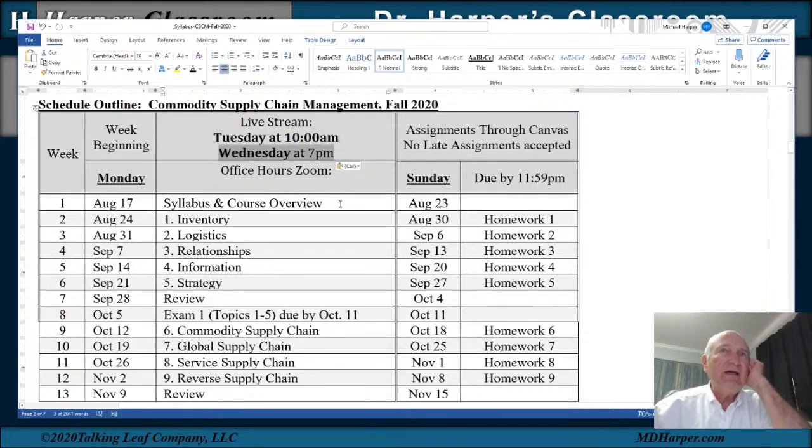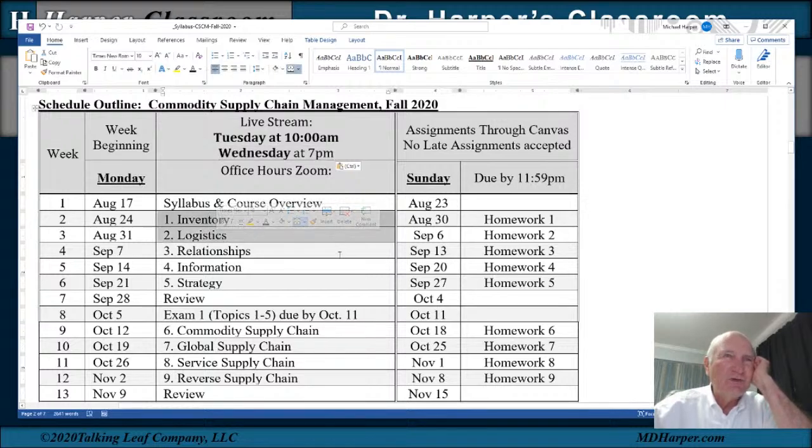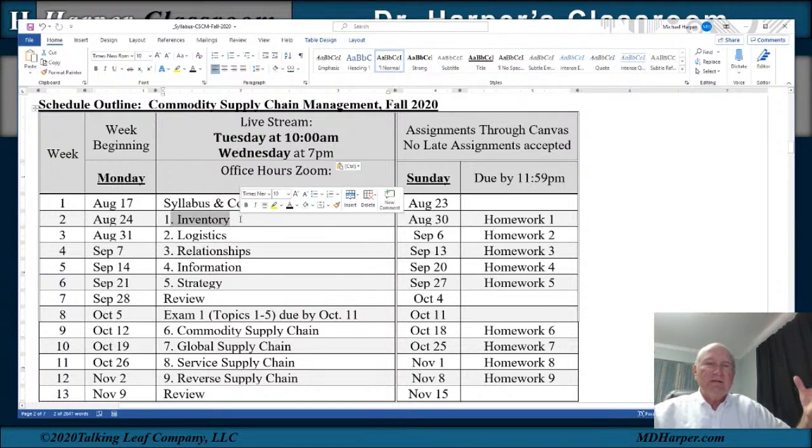I mentioned this at the beginning because the inventory and logistics course, more so than others, has a lot of quantitative work, a lot of analytics, a lot of Excel. I didn't go through that today, but I'm going to go through that tomorrow night. In other words, what I covered today in inventory is the concepts, definitions, equations, a little bit on derivations on why it does what it does.